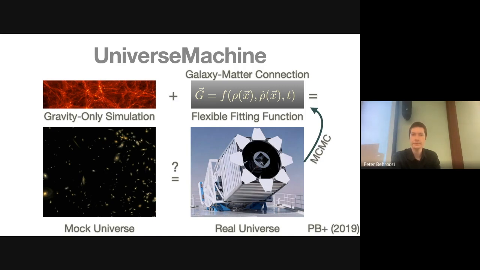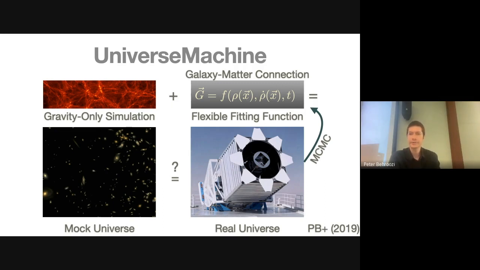And so any guess for what this relationship looks like lets us populate a gravity-only simulation, which tells us where the matter is, with things that look like galaxies. So we build a mock universe. And then we ask, does that mock universe look anything like the real thing? So we observe the mock universe in the same way as the past few decades of astronomy and reproduce all the work of thousands of astronomers and ask if they were living in this mock universe, how similar is it to the real thing?